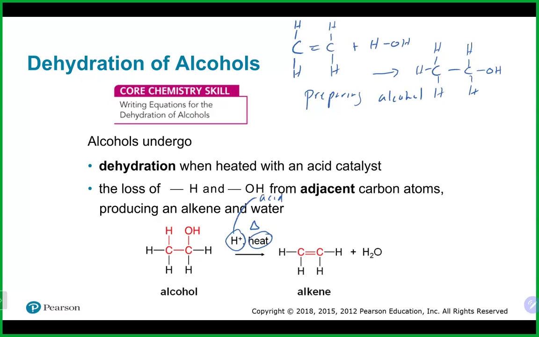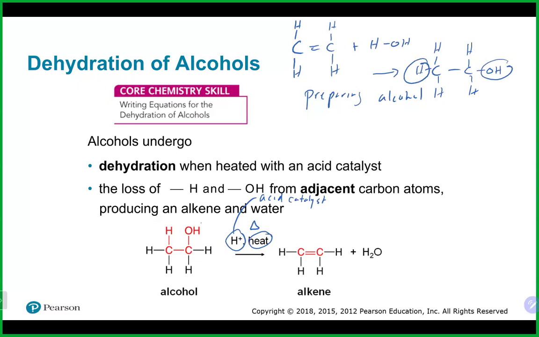It's not going to have too much of an effect. The way we put the water onto our double bond is also how we take it off. When we put the water on, OH goes to one carbon, H goes to the other carbon. When we take the water off, that's the exact way it comes off.